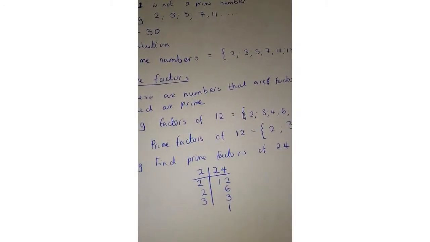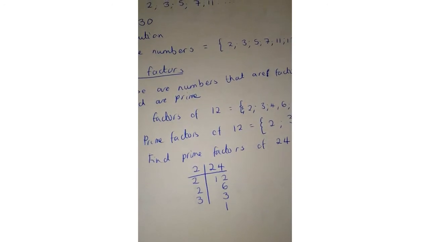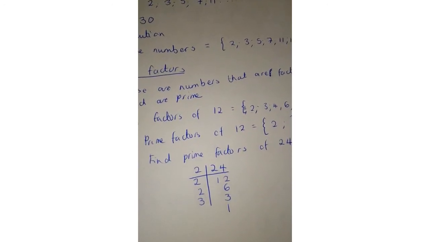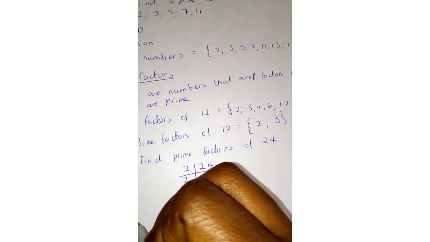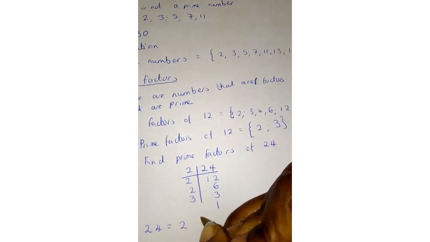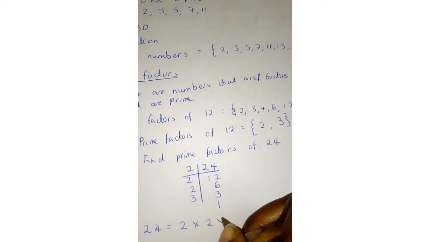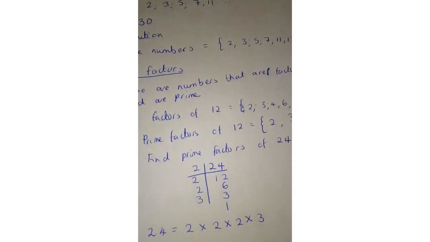So the prime factors of 24 are 2 and 3, and we can write it down as a product of its prime factors. 24 as a product of its prime factors is 24 equals 2 times 2 times 2 times 3, right?